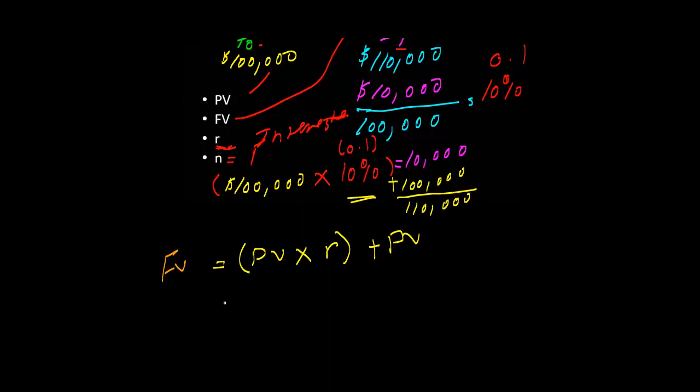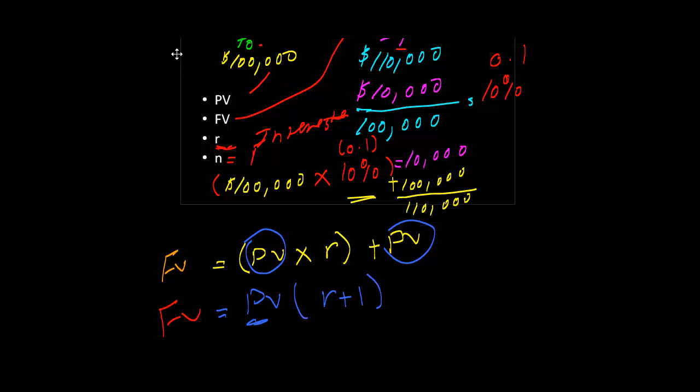Now, I'm going to take the present value out of the equation. We're going to be left with R plus 1, and that's our equation. So you take the present value out, and you put 1 instead of it, and this is your equation. So we conclude our future value is equal to our present value multiplied by (1 plus R) to the power of n.